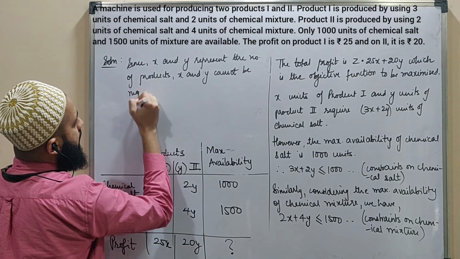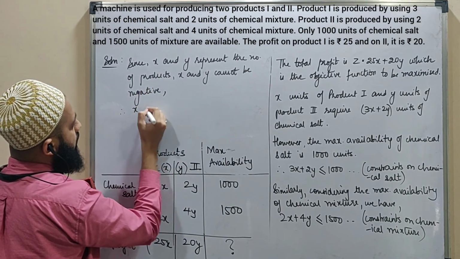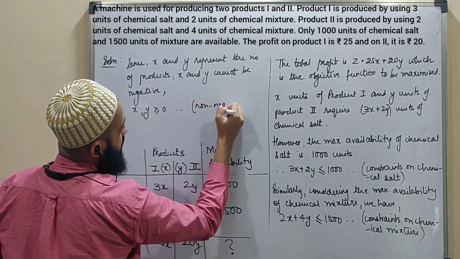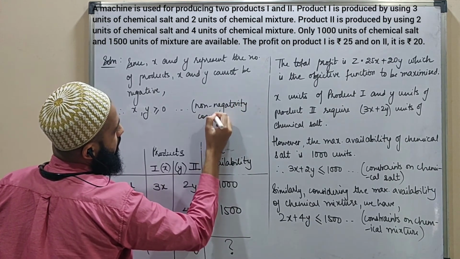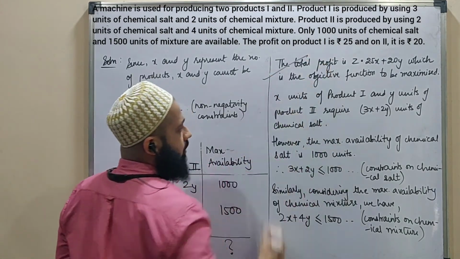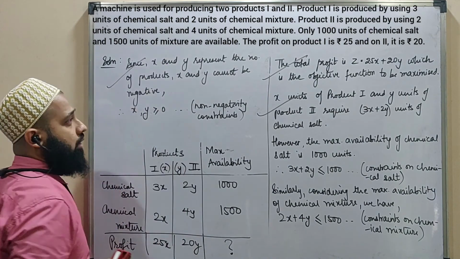So one line explaining the non-negativity. So we write here x comma y greater than equal to 0, write them as non-negativity constraints. So step 3 completed, step 4 completed, step 5 completed.